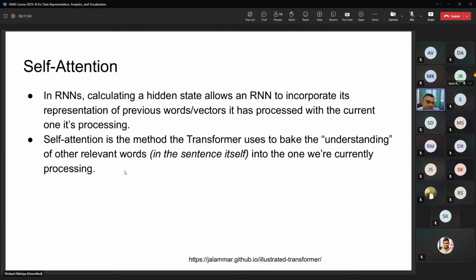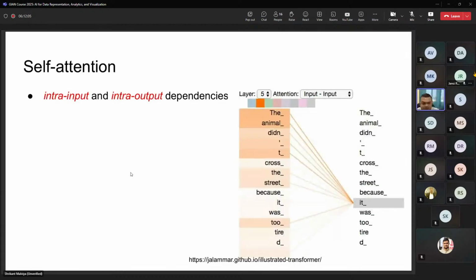Every word is attending to all other words in the sequence. That's why it is called self-attention. In a diagrammatic way, we can understand it like this. Suppose we are processing a word and want to see how this token is attending to all other words in the sequence.